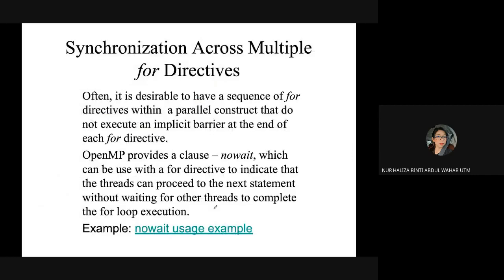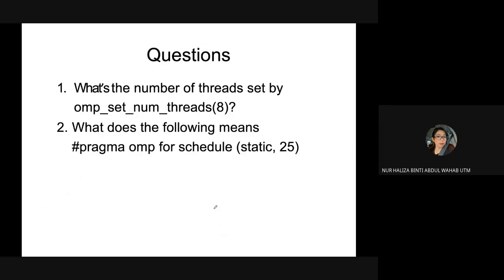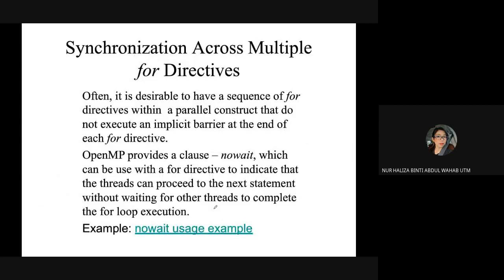And under synchronization across multiple for directives, this is the last thing that you need to know. It is often desirable to have a sequence of for loops, because sometimes in your programming you have one for, and then another for, and then another for.